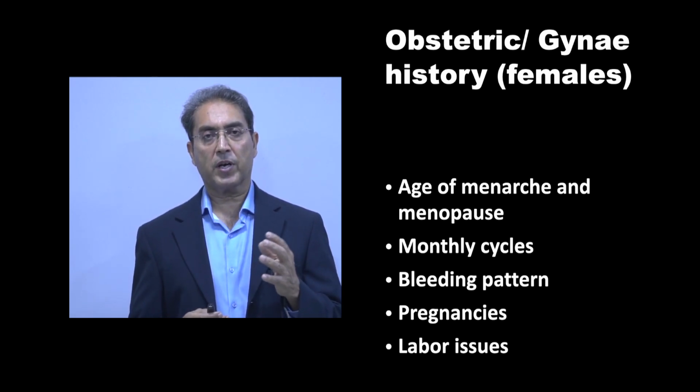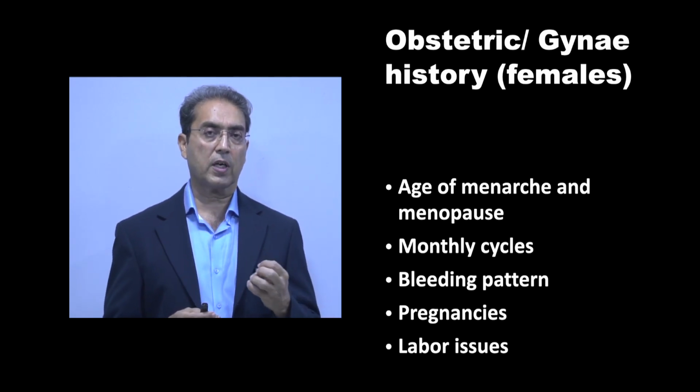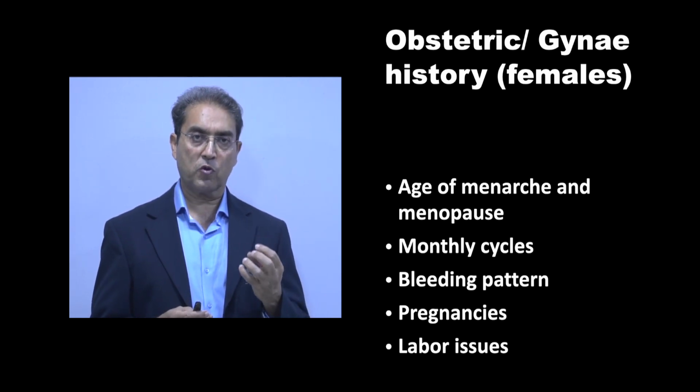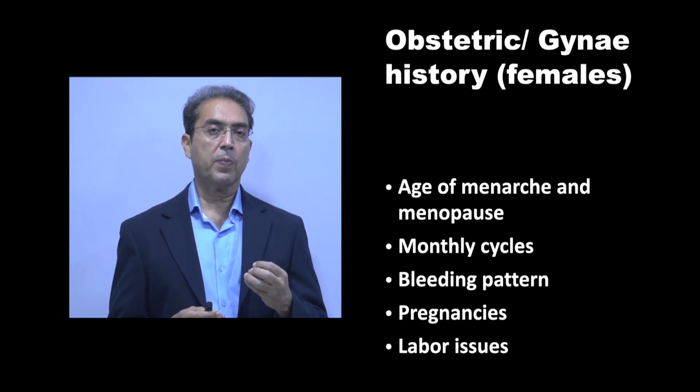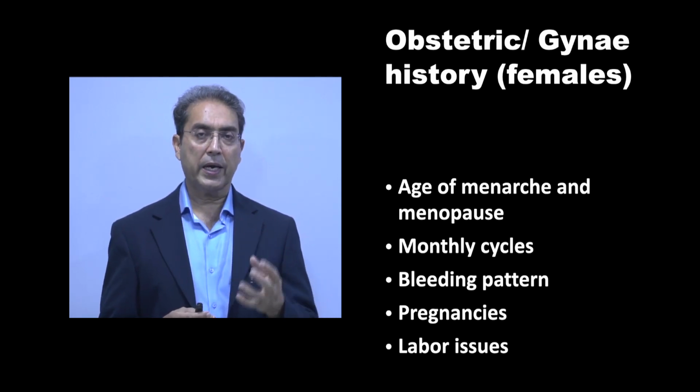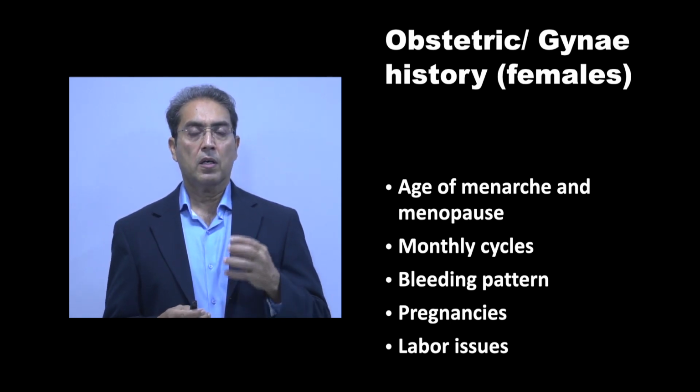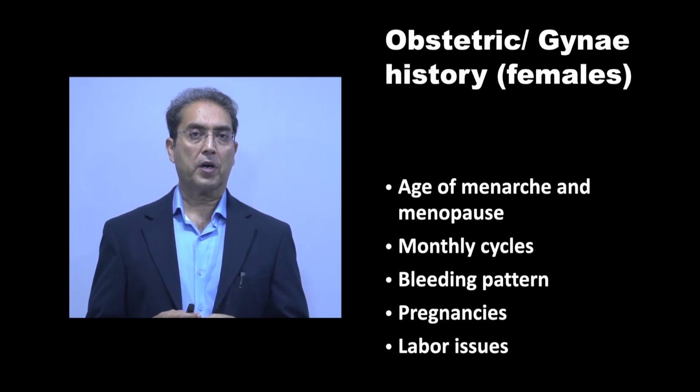How many pregnancies did the patient have, how many were successful, were there abortions for medical reasons or for some other reason? That should all be documented. Similarly, the gestational age at the time of the abortion should be recorded.